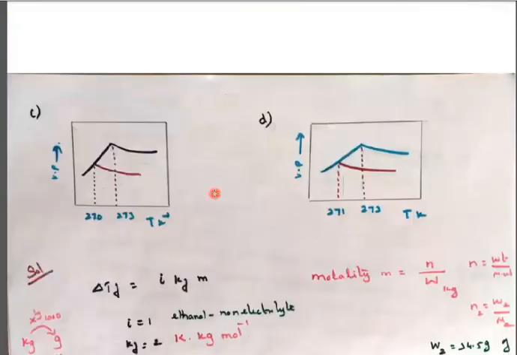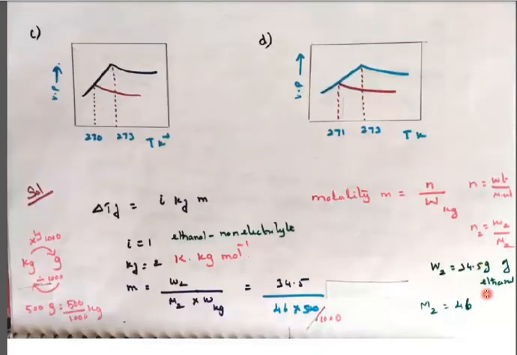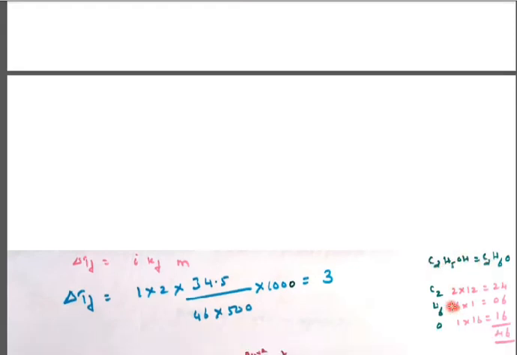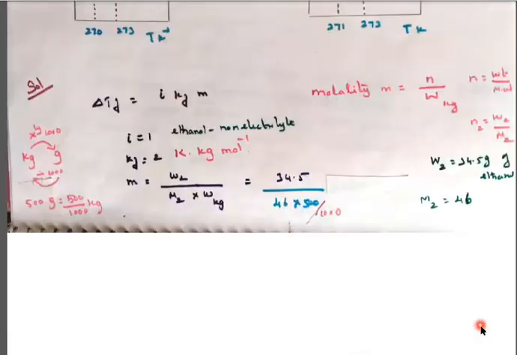The molecular formula of ethanol is C2H5OH: 2 carbons, 5 plus 1 is 6 hydrogens, 1 oxygen. 2 into 12 for carbon is 24. Hydrogen's atomic weight is 1, so 6 into 1 is 6. For oxygen, 1 into 16 is 16. So in total 46 is the molecular weight of ethanol.